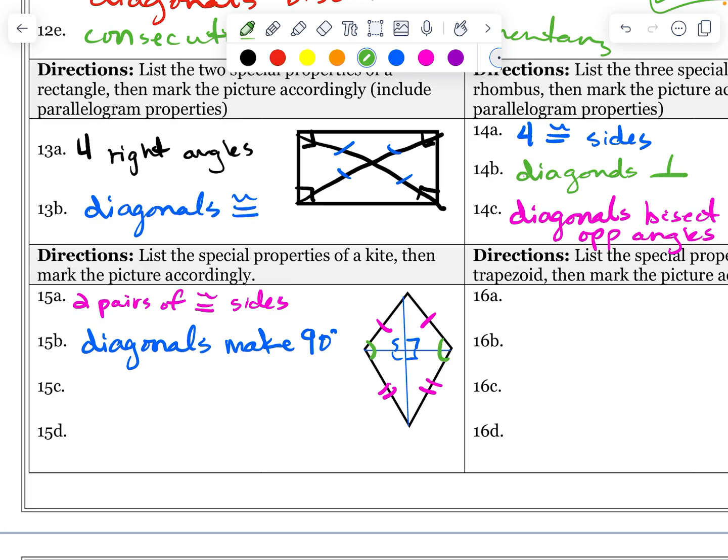And then you're equal to you, and you're equal to you. And then last but not least, the long diagonal bisects the short diagonal. So for just the short diagonal, those two pieces are equal.